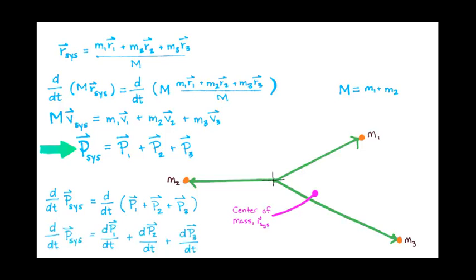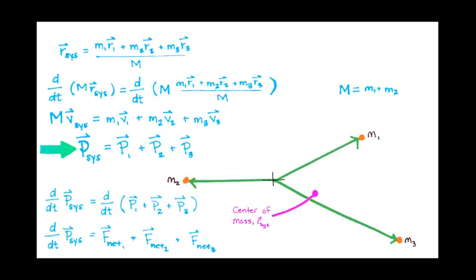We know how to apply the single particle momentum principle, Newton's second law, to each particle, which tells us that dp/dt for each individual particle is just the sum of forces, the net force, on that particle. So using that here, we see that dp/dt for the multiparticle system is just the sum of all the net forces on all the particles in the system.